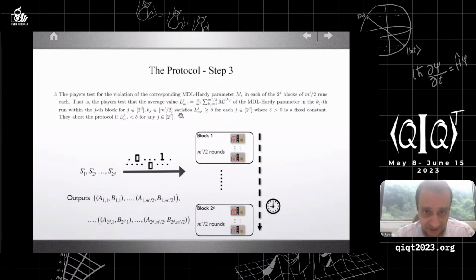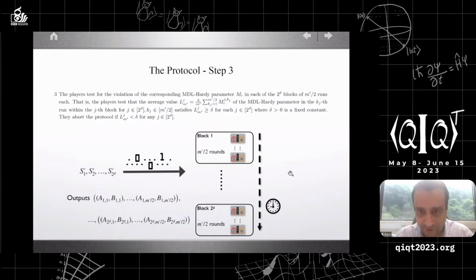And they check that this violation is greater than some fixed constant delta. They abort the protocol if this condition is not satisfied even in one of the blocks. So they abort the protocol if the violation is not sufficient even in one of the blocks. Okay, so they check for each of the blocks and they check that there is sufficient violation in all of the blocks.